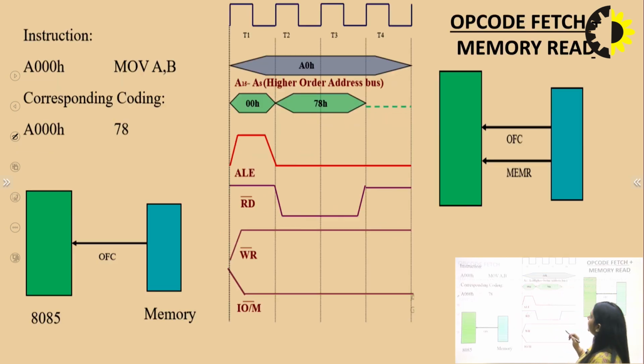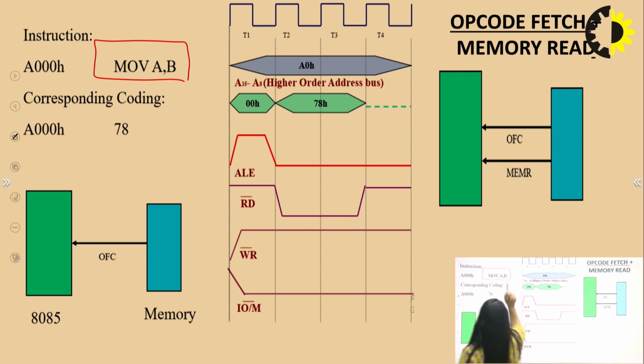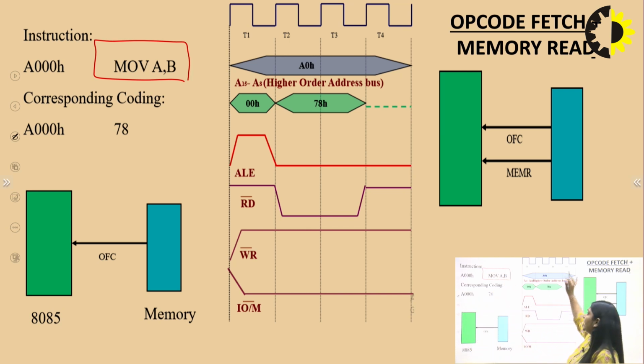Here we are taking an example of a move instruction. The instruction is MOV A, B. This is the timing diagram, and we will learn how to make it with the same example. In MOV A, B, B is our B register, which is an 8-bit register, and A is our accumulator, which is also an 8-bit register.